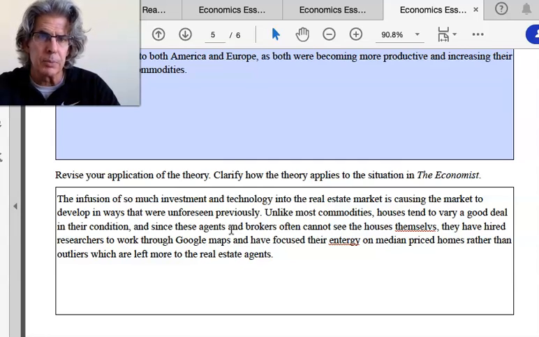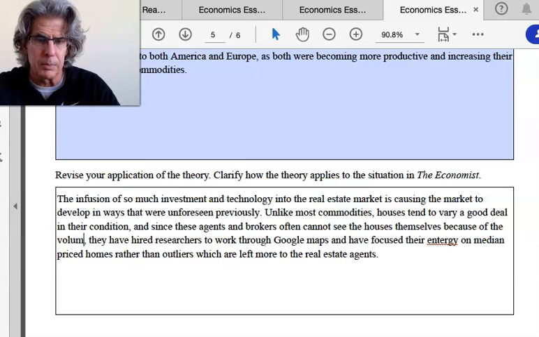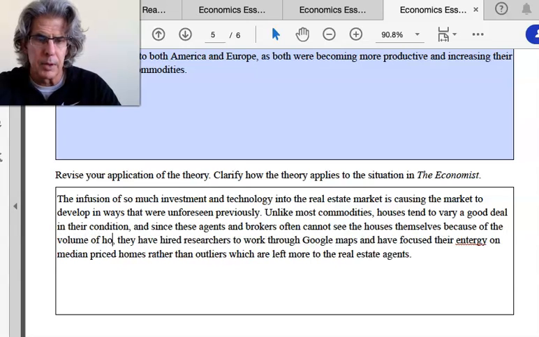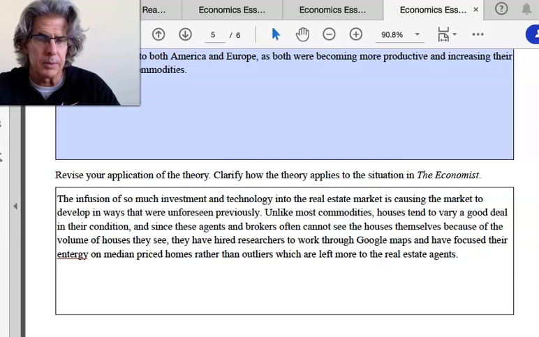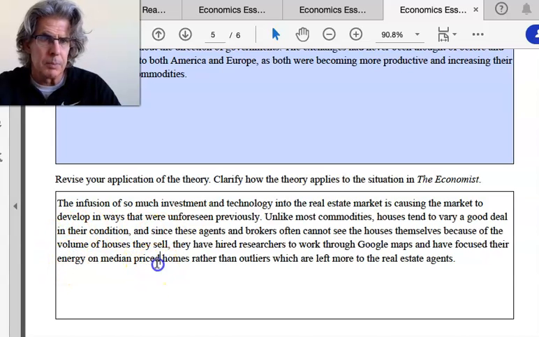And since these agents and brokers often cannot see the houses themselves, because of the volume of houses they sell, they have hired researchers to work through Google Maps and have focused their energy on median-priced homes rather than outliers, which are left more to the real estate markets.